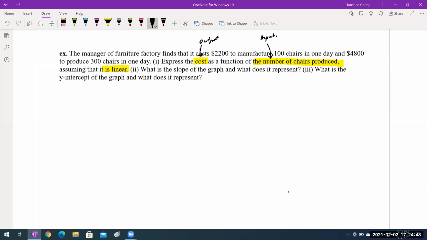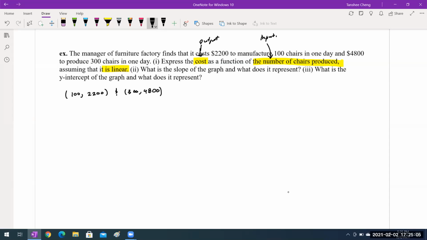So with this information, now I can say that for 100 chairs, $2,200, and for 300 chairs, that is $4,800.